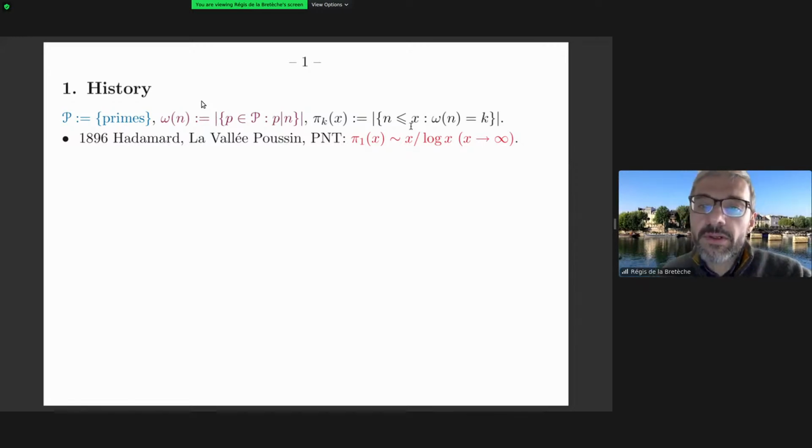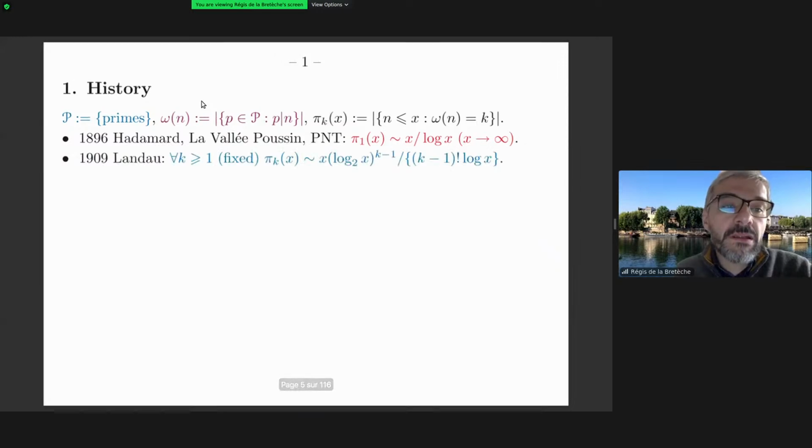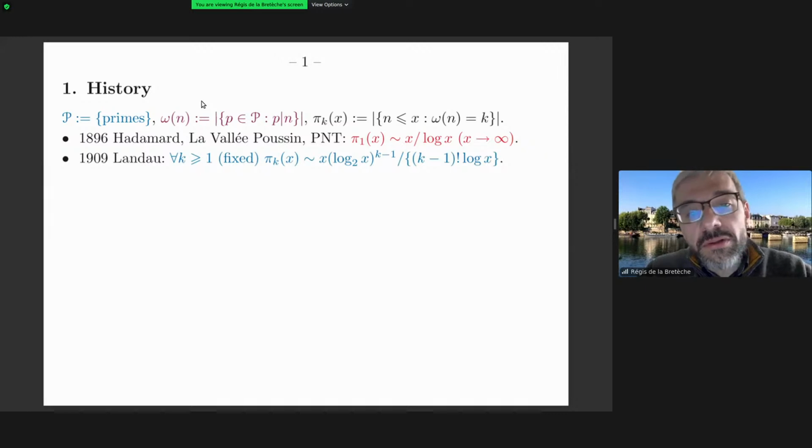So with our notation, P_1 of x is equivalent to x over log x when x tends to infinity. Then Landau generalized this result with P_k of x.